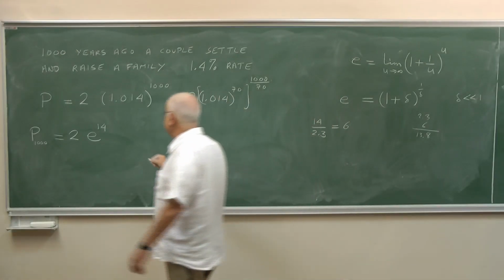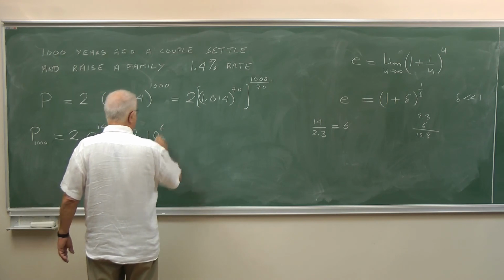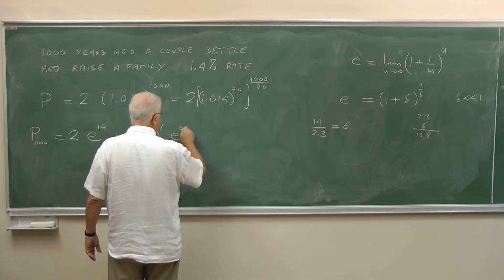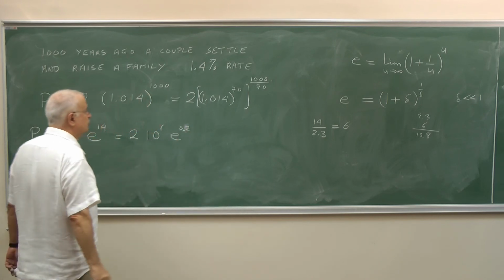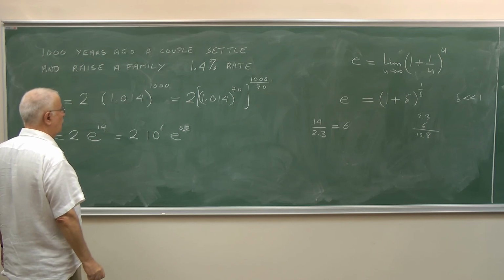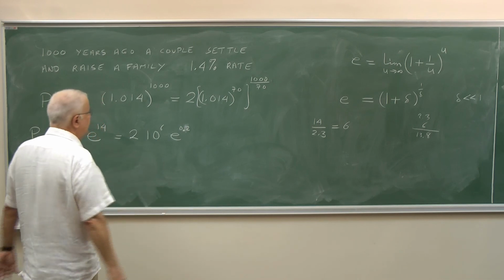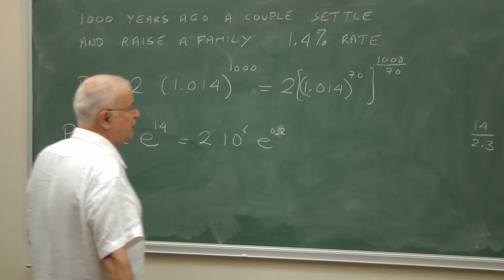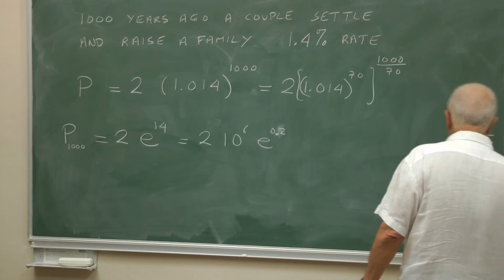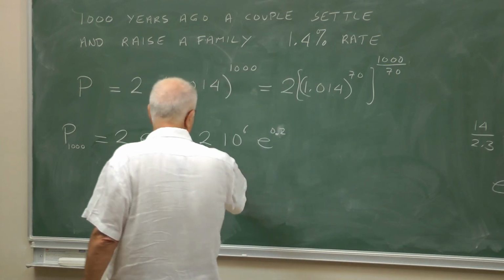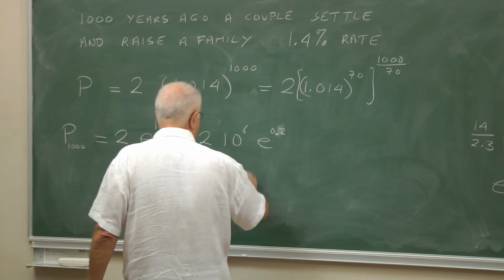So this is 2, then 10 to the 6, and then that remaining e to the 0.2. Well, e to the 0.2 is roughly 1.2. Remember, e to a small number is 1 plus that small number. 1.2 times 2, 2.4. So this is 2.4 million.